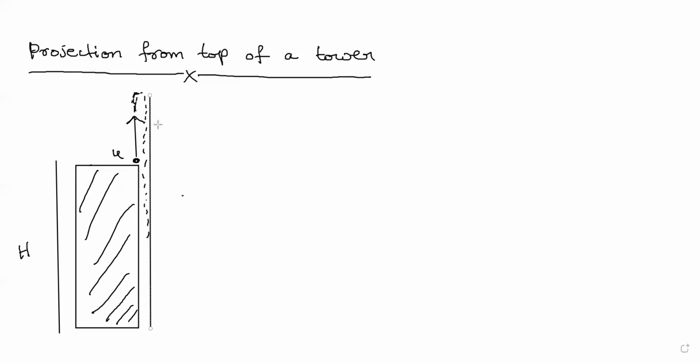So this is the situation we are talking about. It falls like this to the ground. Now at the same point, when it returns back at the height of the tower, this is u only at this point. Some height it will reach and it will fall down.